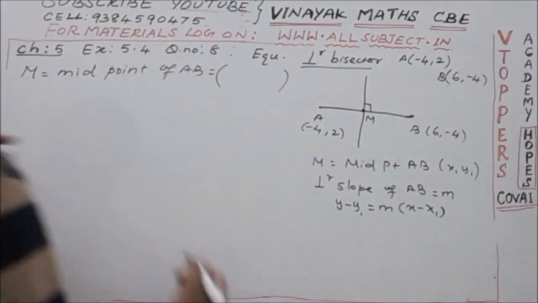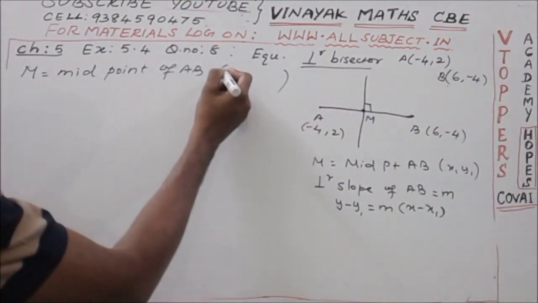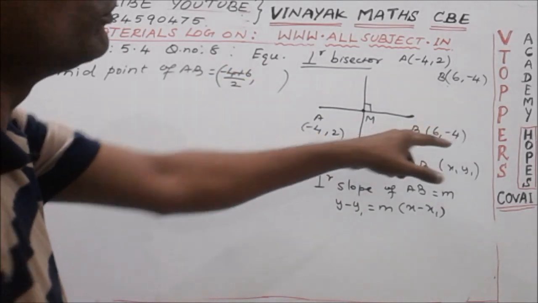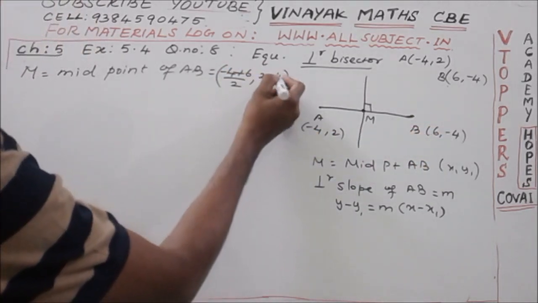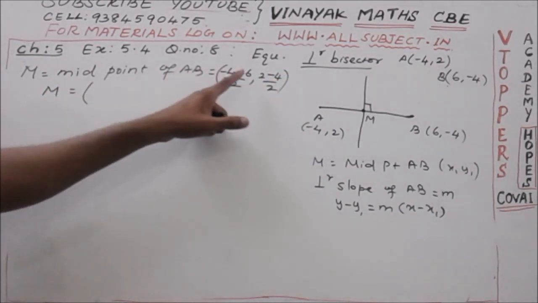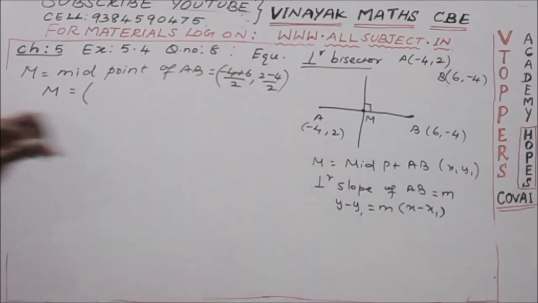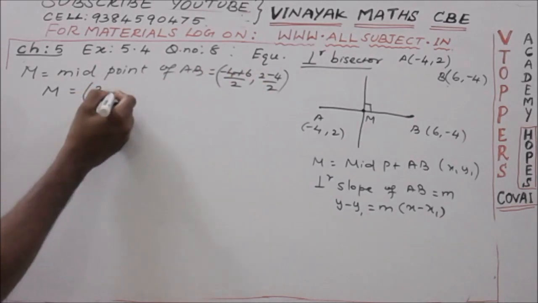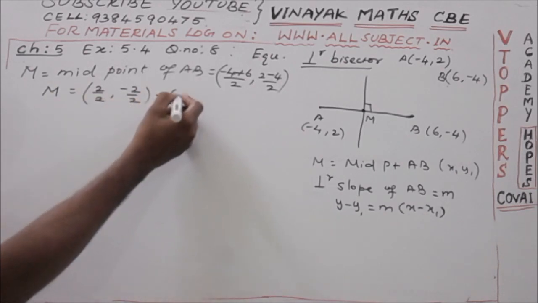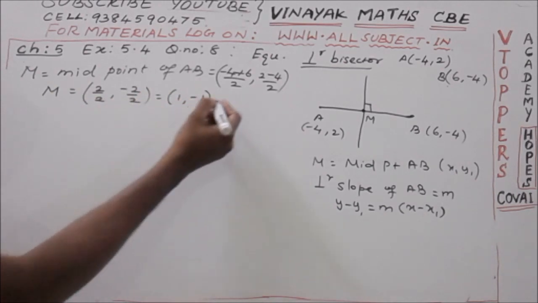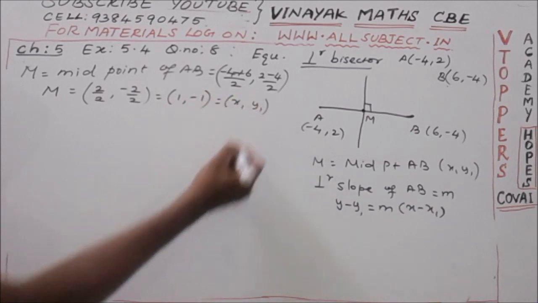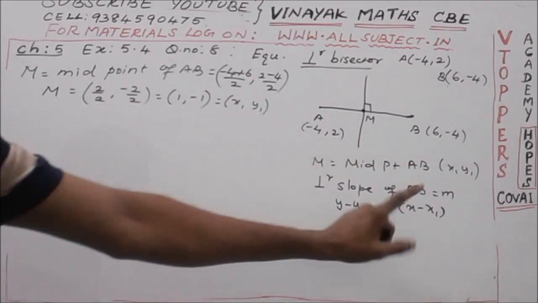So the midpoint of AB: minus 4 plus 6 by 2 comma 2 minus 4 by 2. So M is equal to 2 by 2 comma minus 2 by 2, which is equal to 1 comma minus 1. This is taken as x1 comma y1, the required point M.